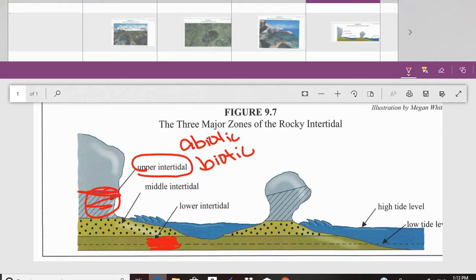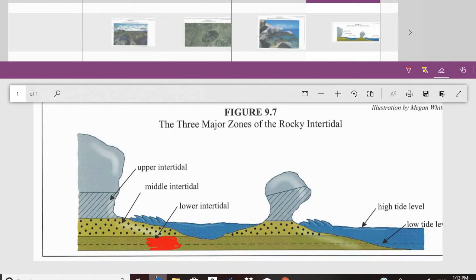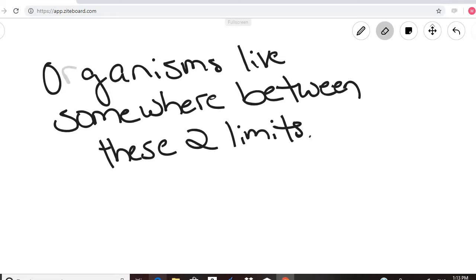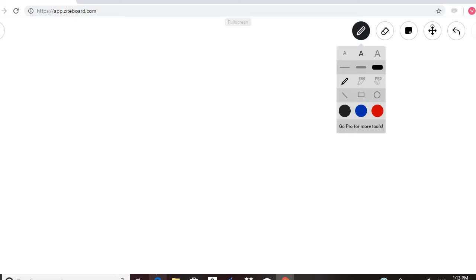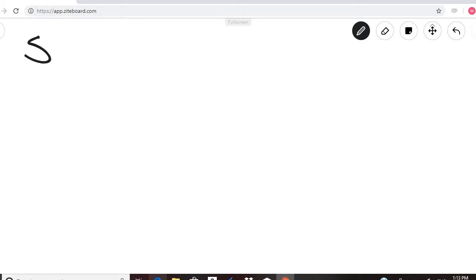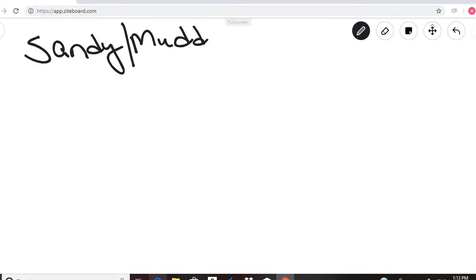Okay, I want to say just a few things about organisms living in the sandy and muddy intertidal zone. We've dealt primarily with the rocky intertidal zone, but let's now look at the sandy and muddy one.